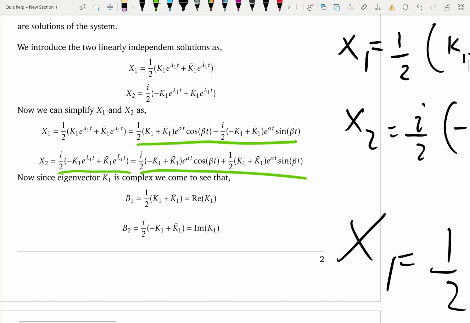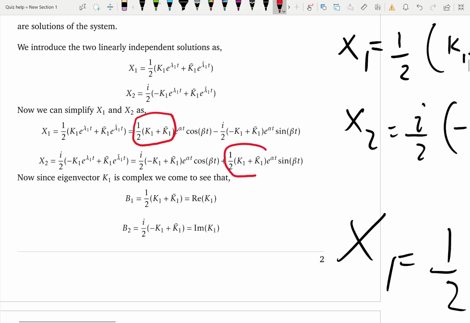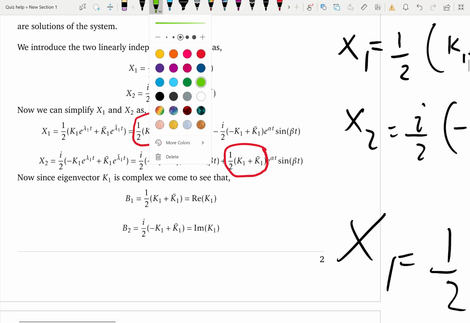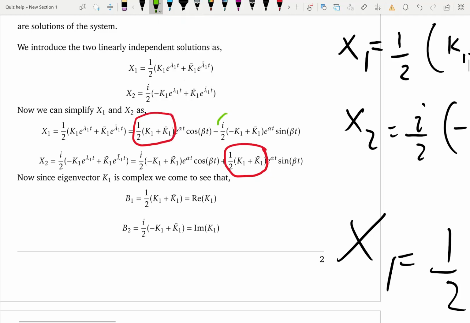Now here's one thing that I want to focus on. Now you might still say, well, wait a minute, this is still very different from what we used in the last video. Look at these interesting terms. I'm going to circle this half k1 bar here. See, these two are the same, and I'm going to circle negative i over 2 times k1, this term and this term.